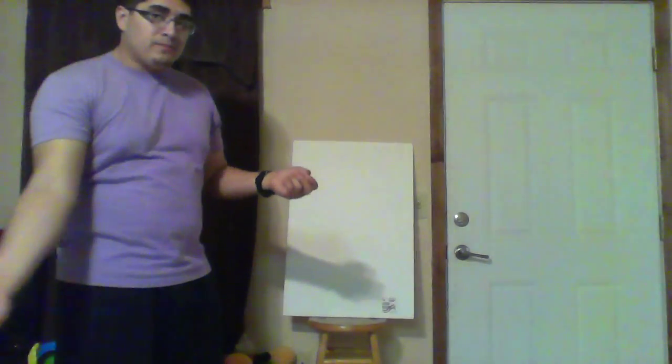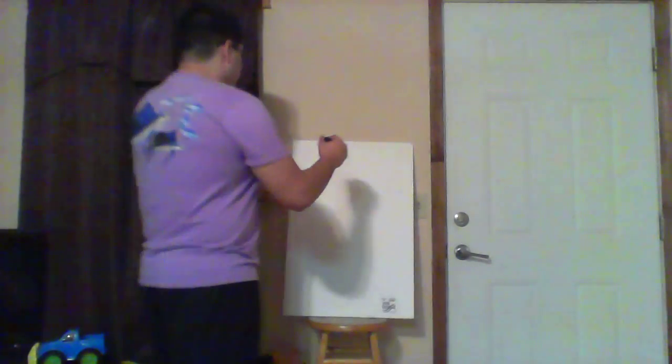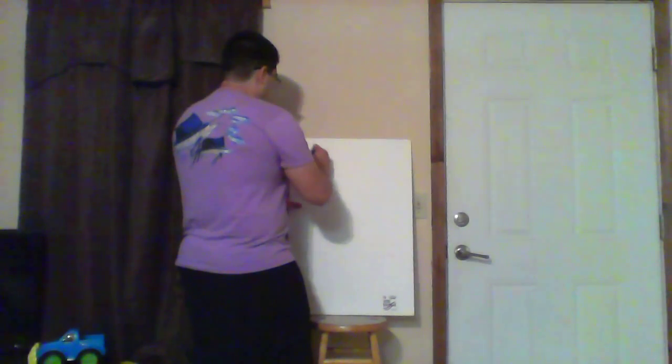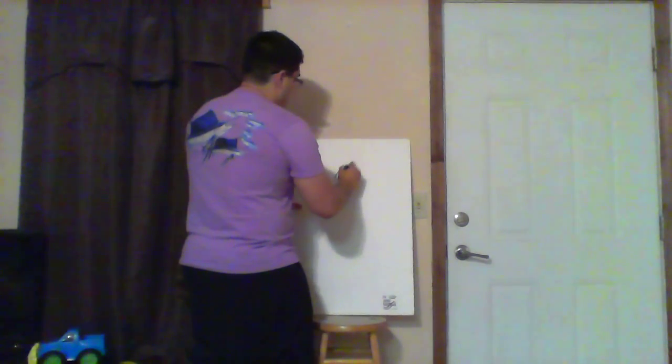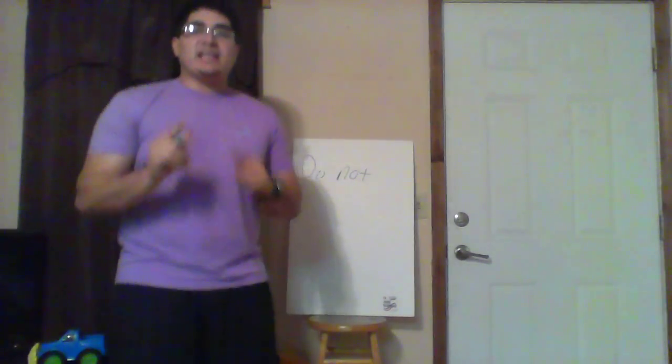For example, does anybody even know what a contraction is? No, well, yes, it's when your mother's in labor, but this is contraction in grammar. When you make two words, for example, do not. There's two separate words. How would you make that into one word?